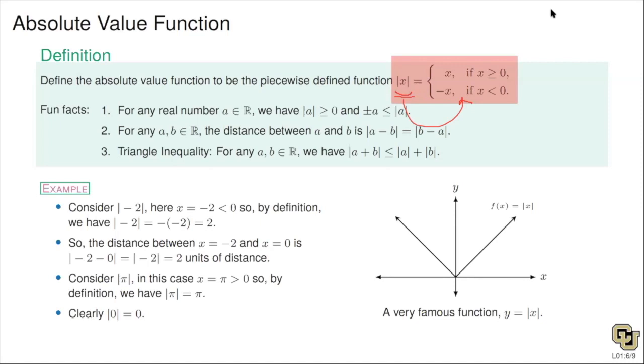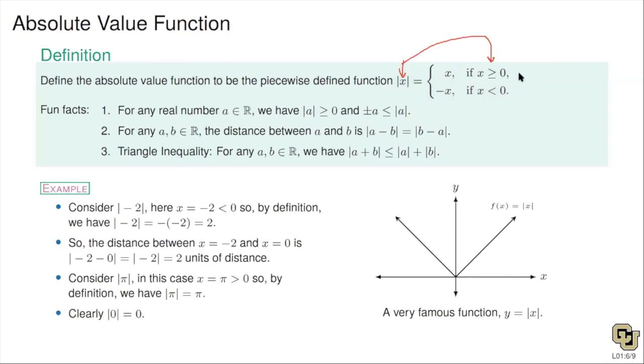Anytime you see notation in math, you have to ask yourself, what does this actually mean? So here, for the absolute value function, it's a piecewise defined function. And the way I want you to think about the definition is if the squiggle in between the absolute values happens to be greater than or equal to 0, non-negative, then you just copy down the squiggle that was in between.